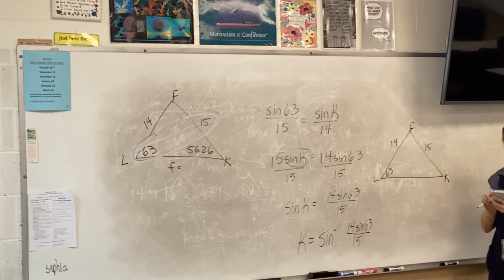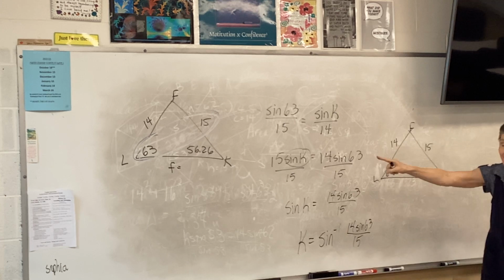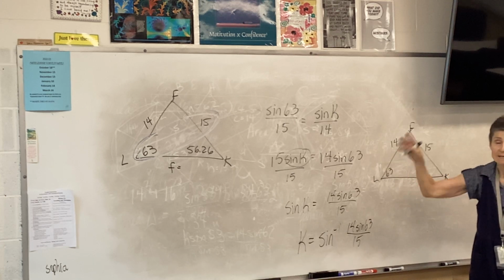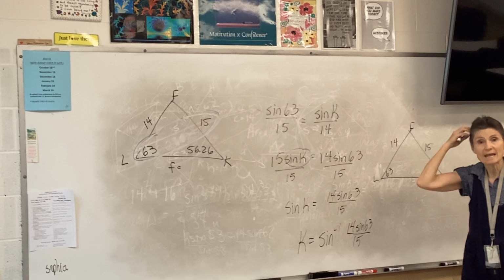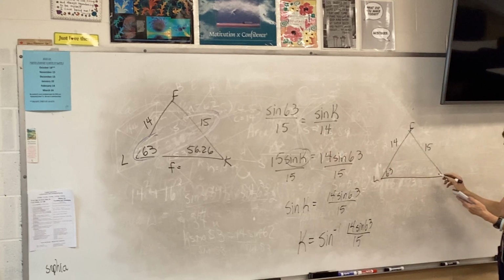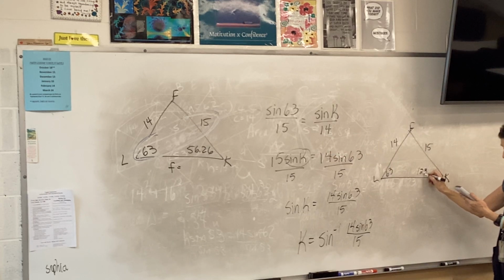The other angle K, if there is one, would be 180 minus that. It's always the supplement, so it's always 180 minus. So this would be 123.74.